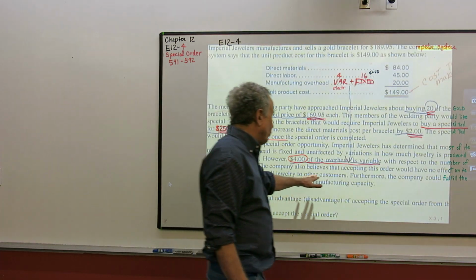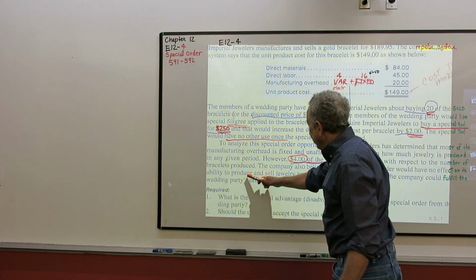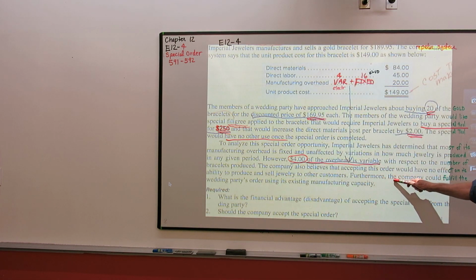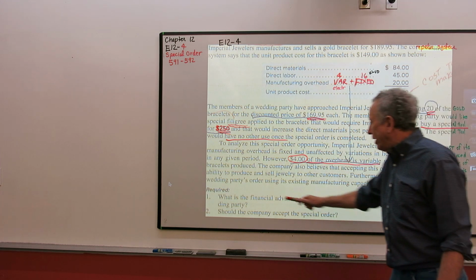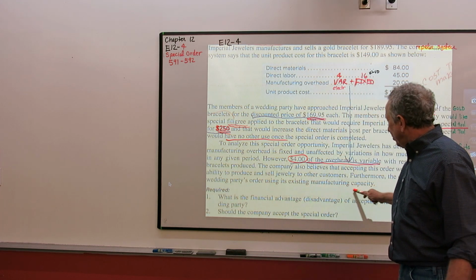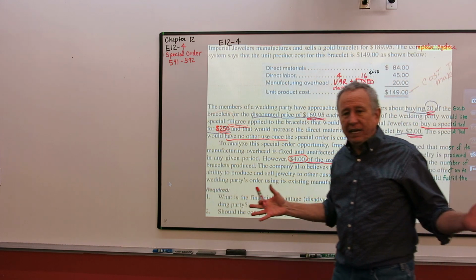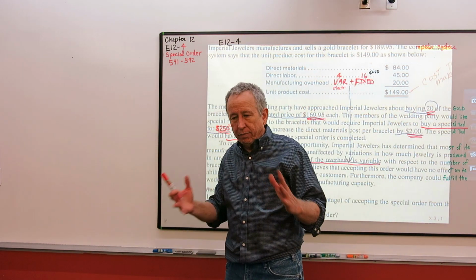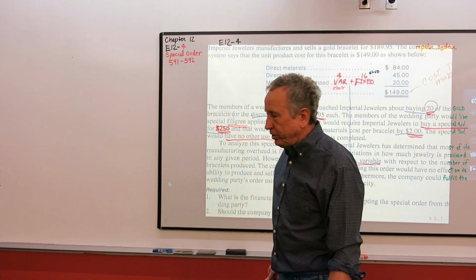Furthermore, the company could fulfill the wedding party's order using its existing capacity. In other words, the plant is not over capacity. They've got enough people already working there that they can make these with existing people and resources.